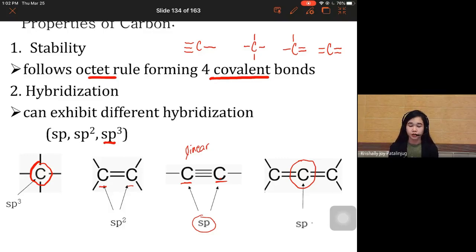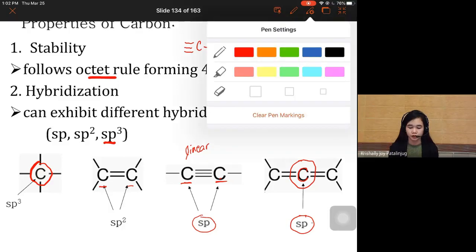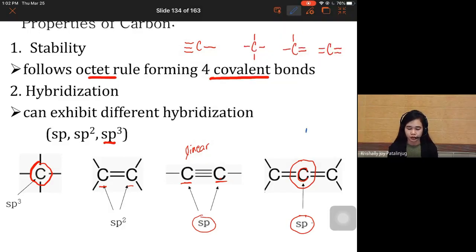Pwede din siya sp hybridization if the central carbon atom carries a total of two double bonds, kasi naka-linear orientation din yan. Linear orientation din yung central carbon dito. So kapag linear orientation, sp hybridization.